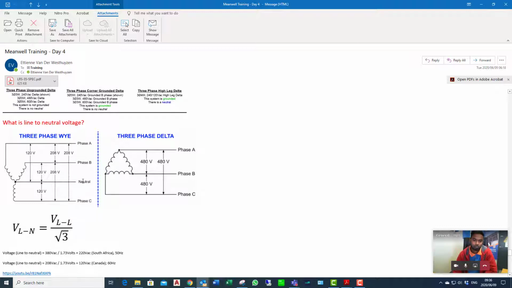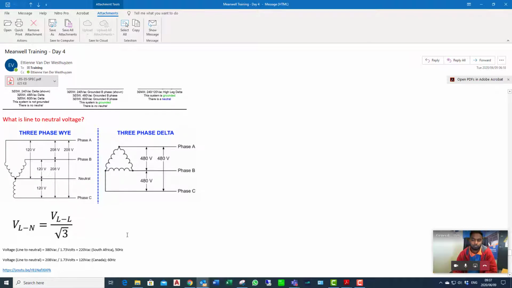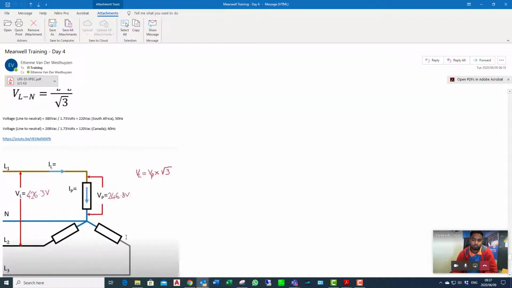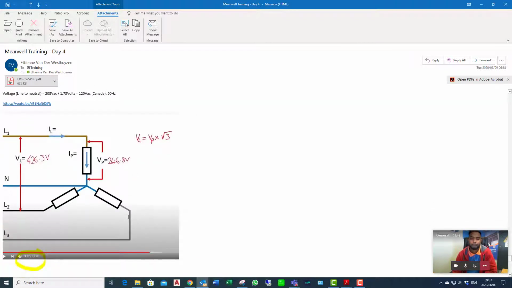In America, they don't have 380 or 400 volts AC. They've got 208 volts phase to phase. But if you divide that by root 3, you get 120 volts AC, but 60 hertz. So it's important to look at some of these formulas, get to know and understand them, because down the line it always boils down to a question, especially people asking for 3-phase power supplies.